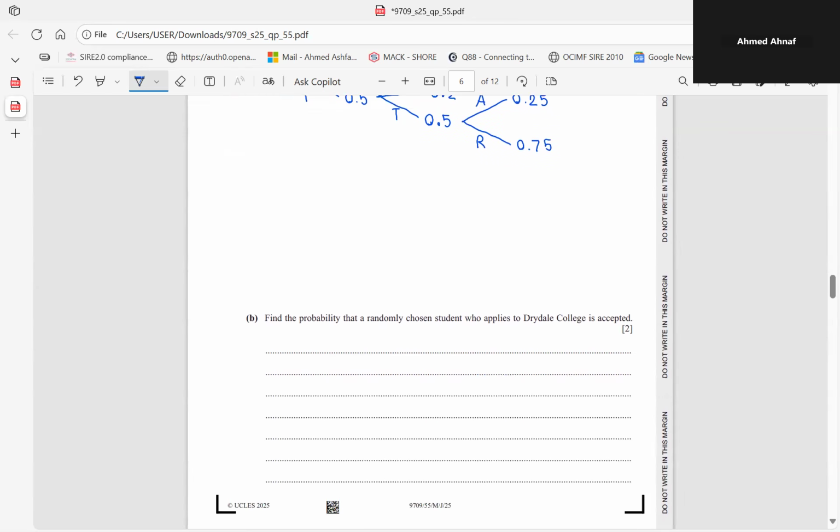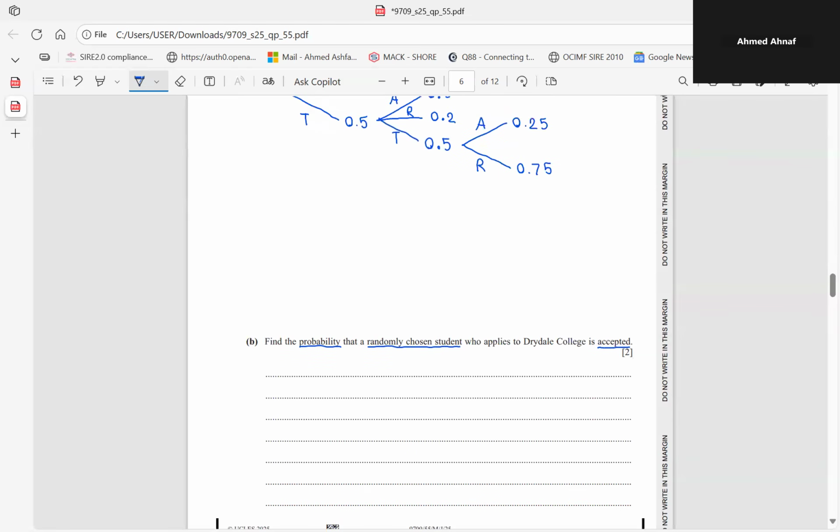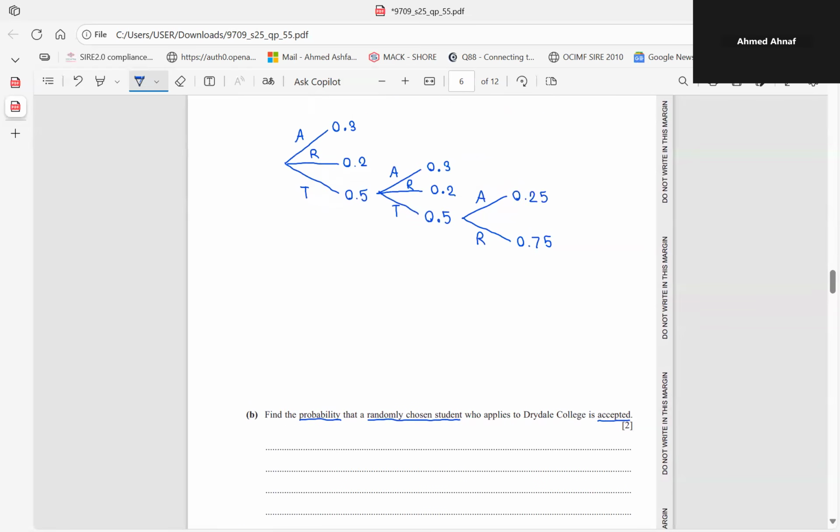Now we have to find the probability that a randomly chosen student who applies to Drysdale College is accepted. Let's use our tree diagram to see the ways of getting accepted.